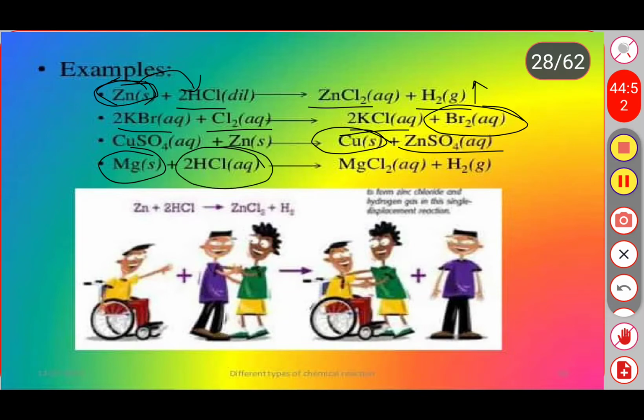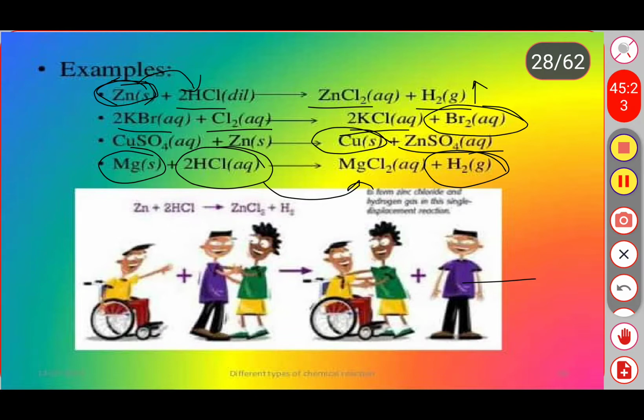So basically what happens in a single displacement reaction, the highly reactive metal takes the place of the less reactive metal. It means the position of the less reactive metal will be lost, and the other element which is combined with a less reactive element, for example here HCl, in the HCl hydrogen is the less reactive element, right?